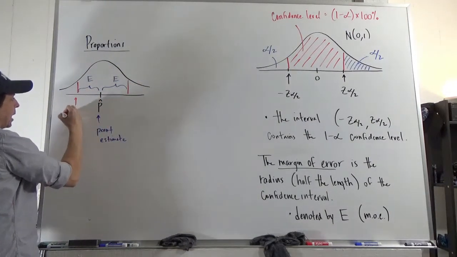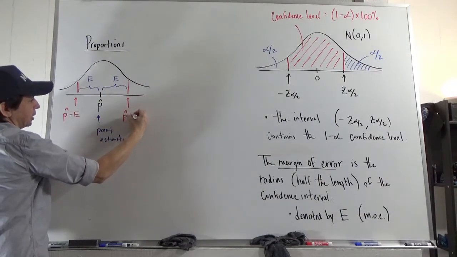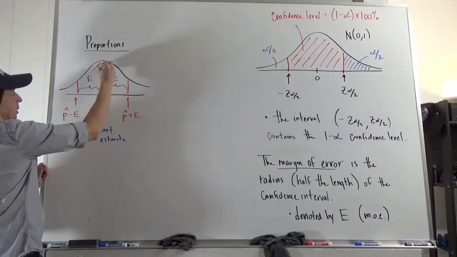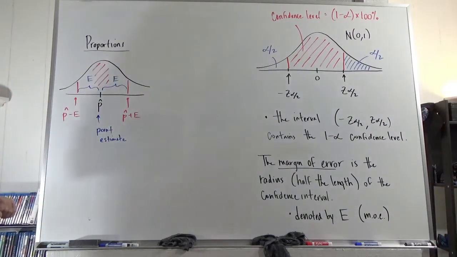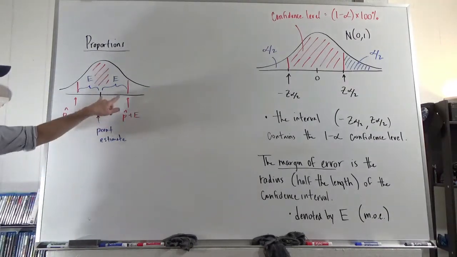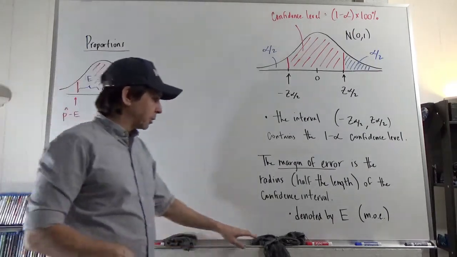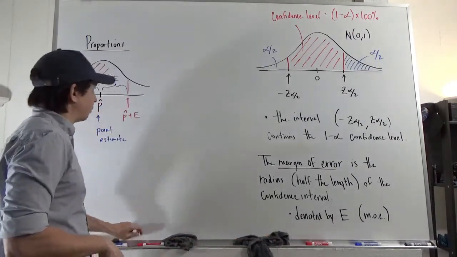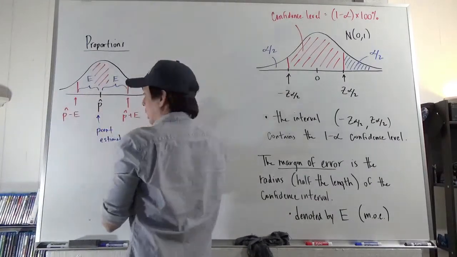That's going to be p hat minus E as my lower boundary, and p hat plus E as my upper boundary. And within those two boundaries will be whatever confidence level we're going to be doing. So that's how that picture breaks down and relates to the margin of error. We'll be adding and subtracting the margin of error. That's why when you see margin of error, they'll say plus or minus 2.5%, or something to that effect, because you're creating an interval by adding and subtracting it.